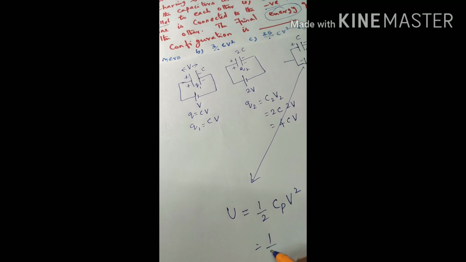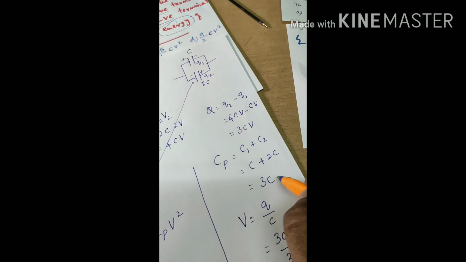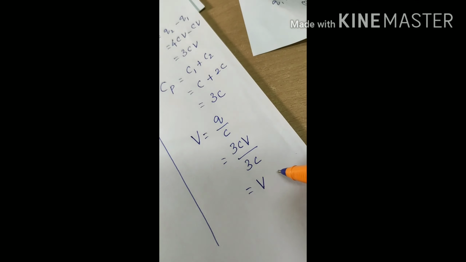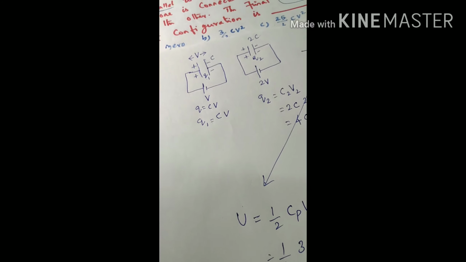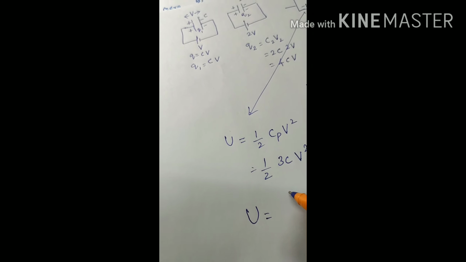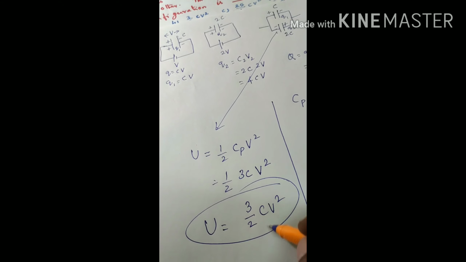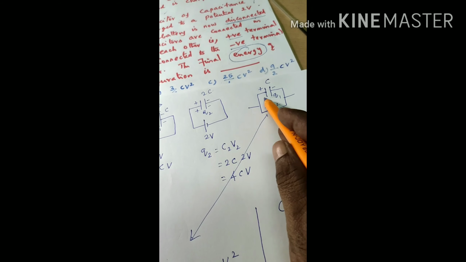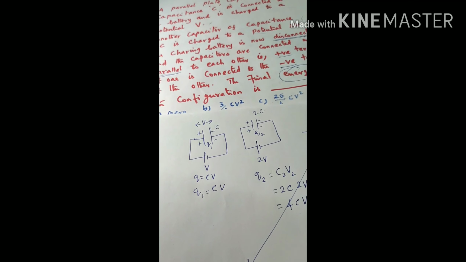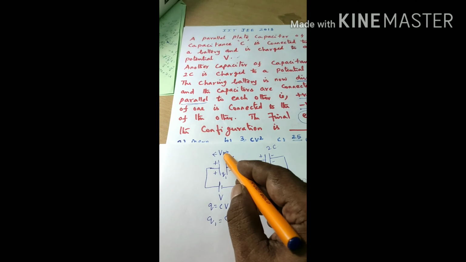That is 1 by 2 times 3C times V square, where the total potential is V. This can be written as 3 by 2 CV square, which is the energy stored in the system if we connect these two capacitors in parallel with each other.